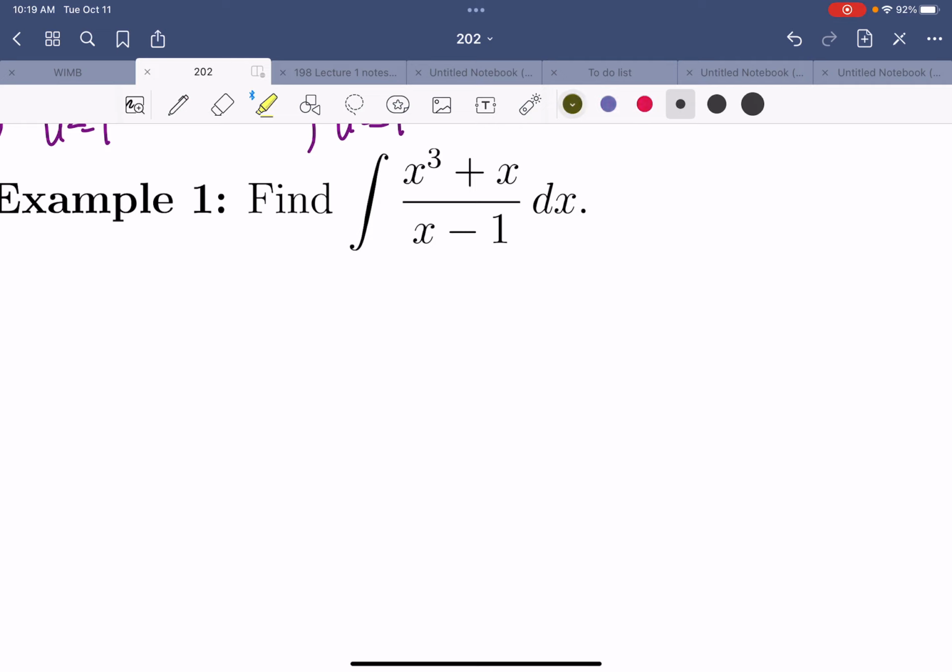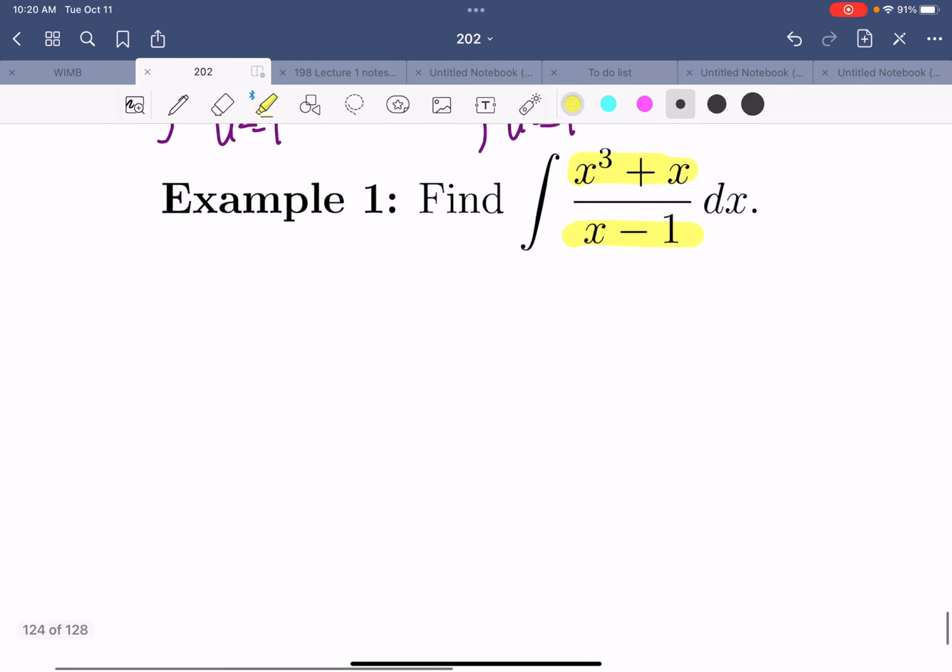So the first thing we're going to do is take a look and see, we might have situations where the power in the numerator is higher than the power in the denominator. And what we're going to do here is divide through using long division.